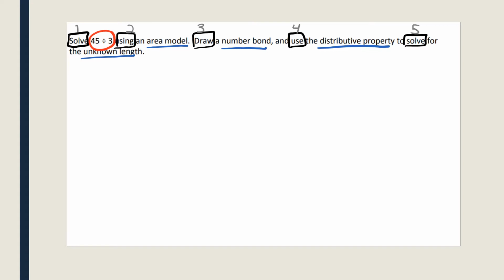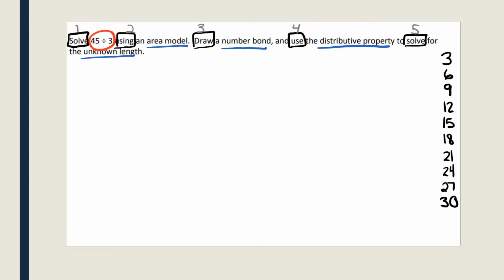So I need to count by 3s because I'm looking for 2 numbers that I can split my 45 into that will be a little bit easier to divide in my head than 45 and 3. So let's try it. Let's do 3, 6, 9, 12, 15, 18, 21, 24, 27, 30.